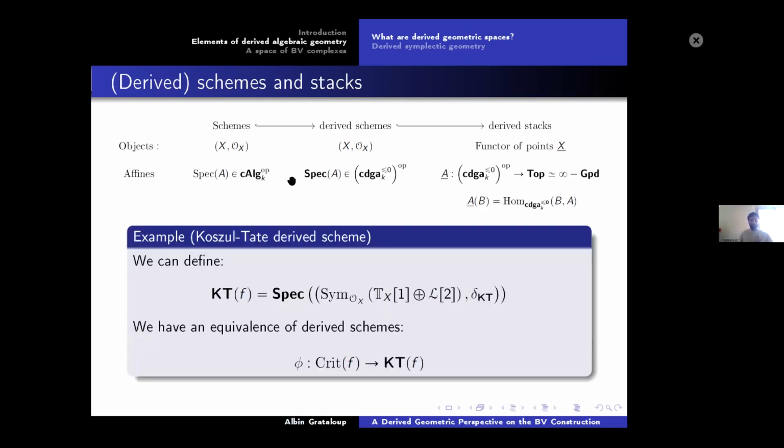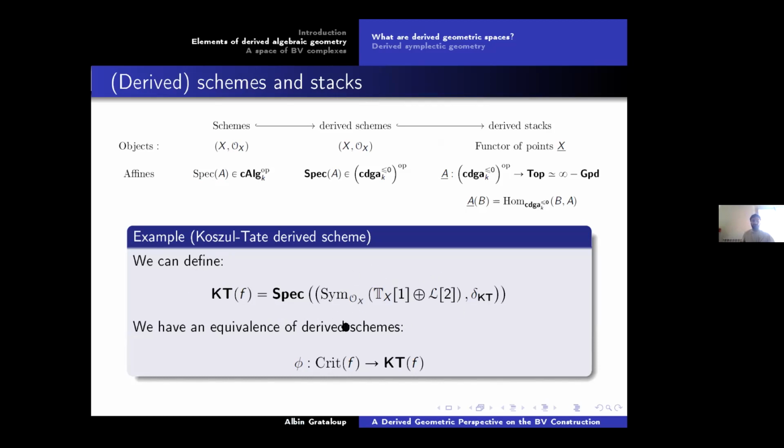And I'm going to go with a couple of examples of derived schemes that I'm going to use. So the first one is what I would call the Koszul-Tate derived scheme, where basically you take the Koszul-Tate resolution of your critical locus.